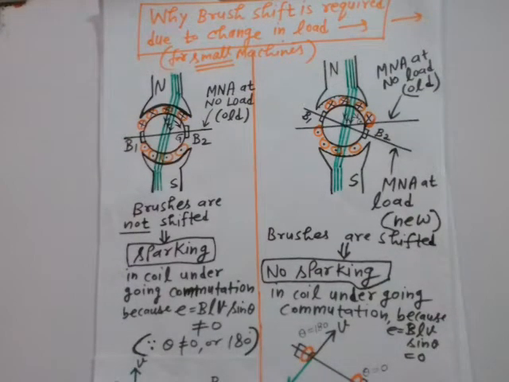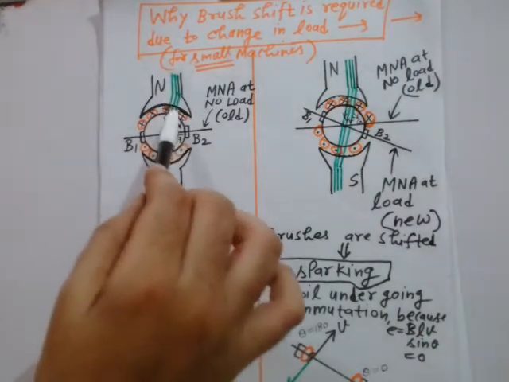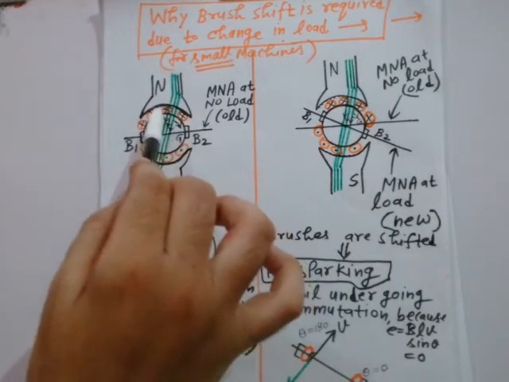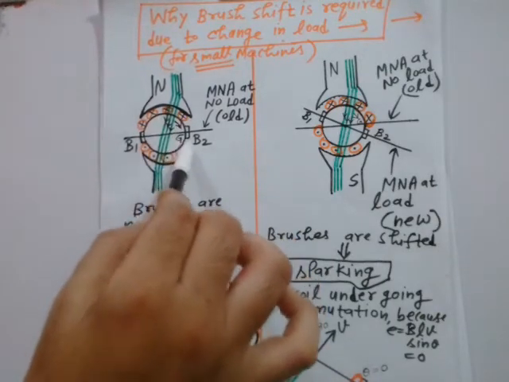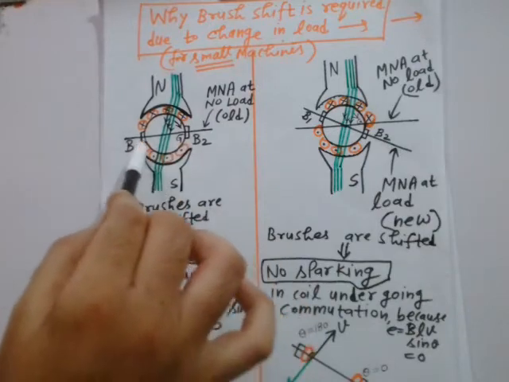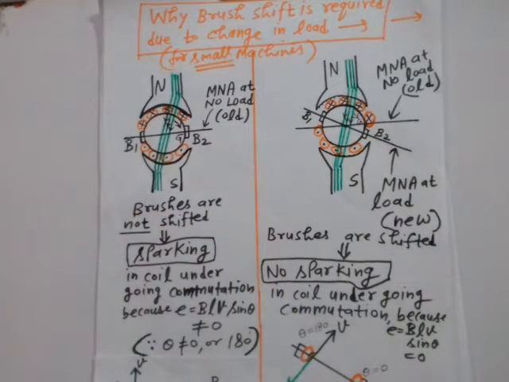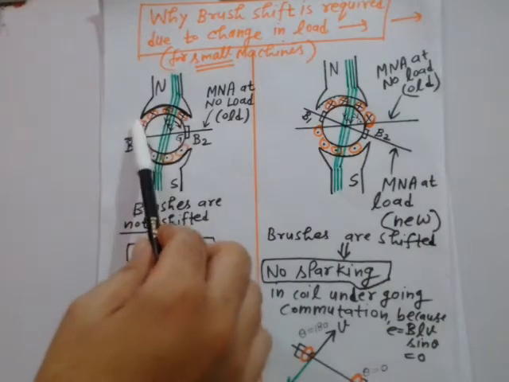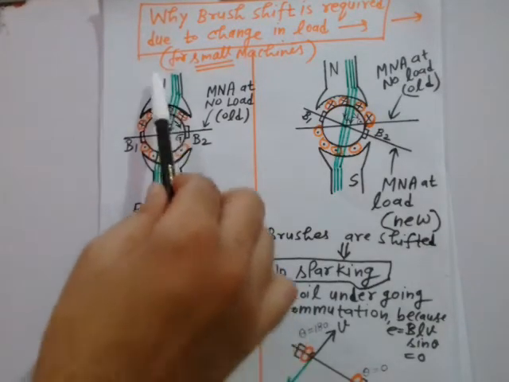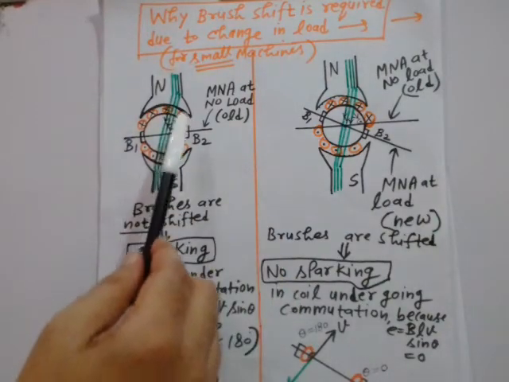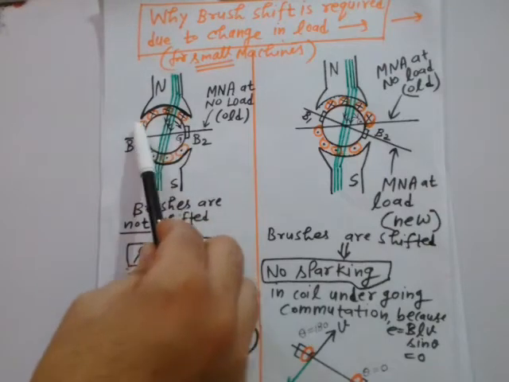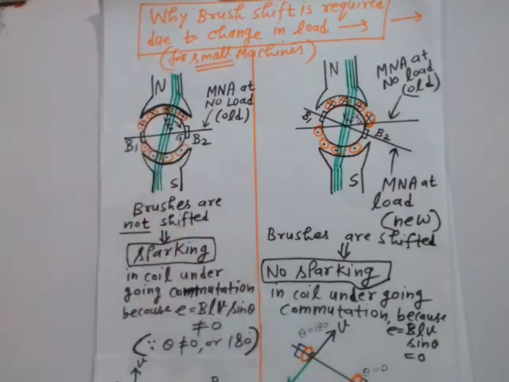So here, have a look at it. For all the armature coils, these small red circles are representing the armature conductors or armature coils, right? Now for all the armature conductors which are directly under the influence of the north pole, the polarity of induced current or induced EMF will be cross, right?